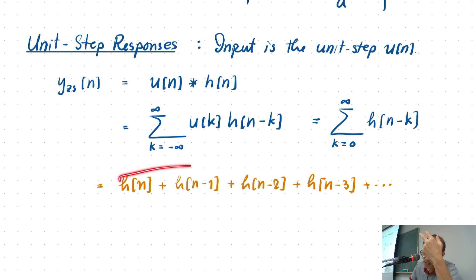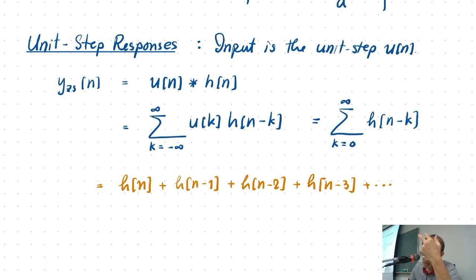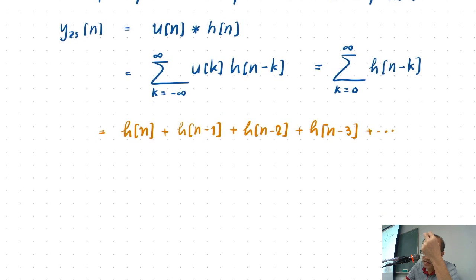But then, if you look at this sum, I can actually write it as the sum with k going from minus infinity to n of h of k.